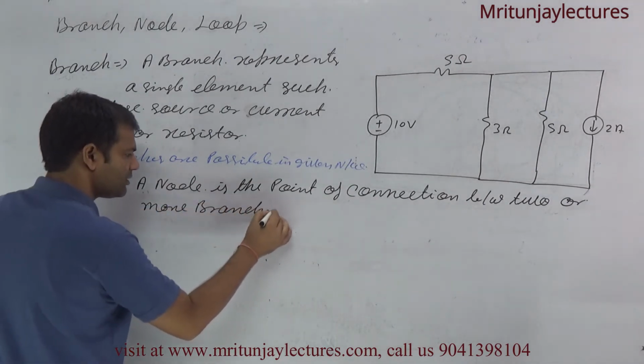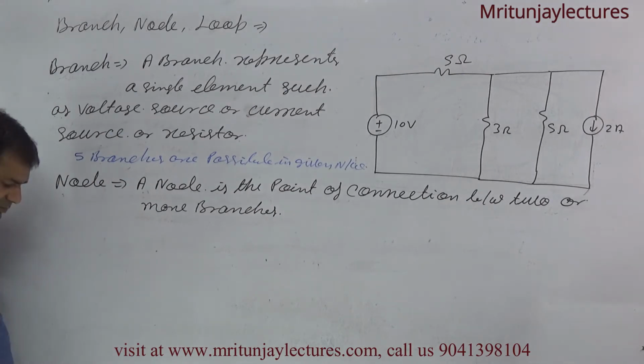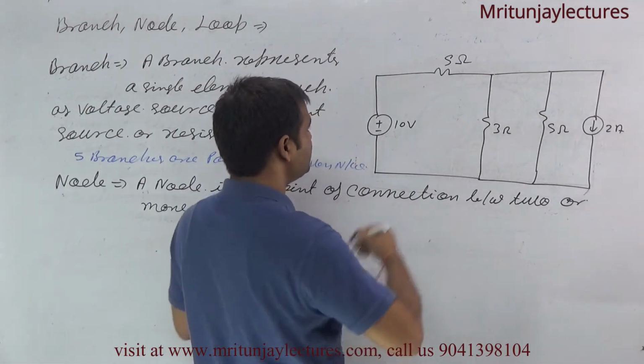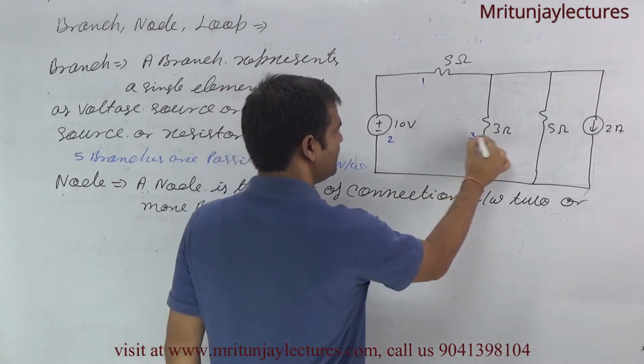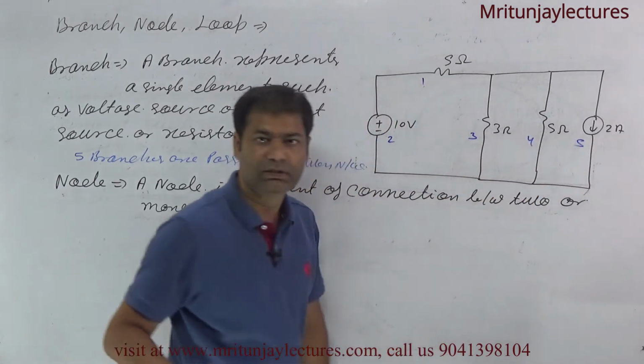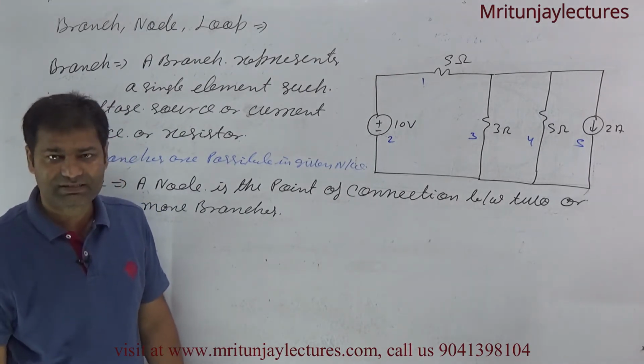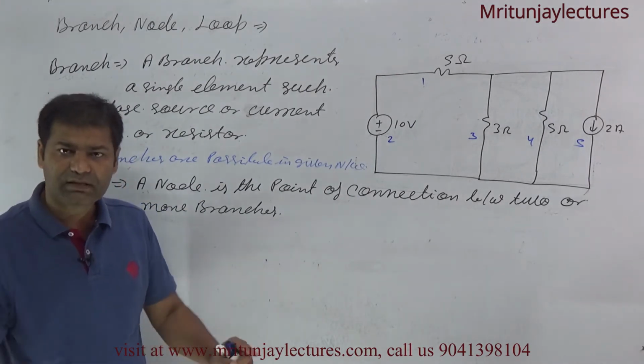Clear? Two or more branches. Now this one is a branch, number 1, 2, 3, 4, 5. How many branches are possible in this network? That is 5 branches. Clear?